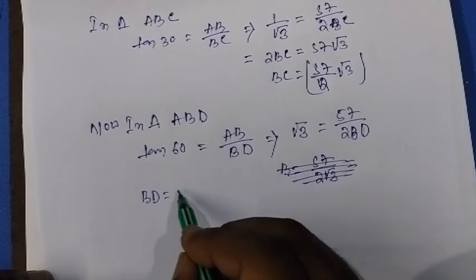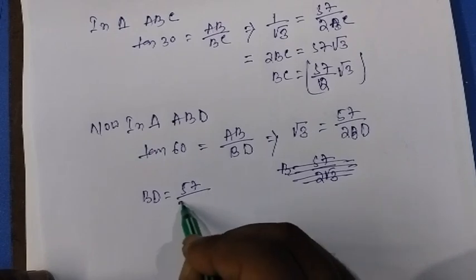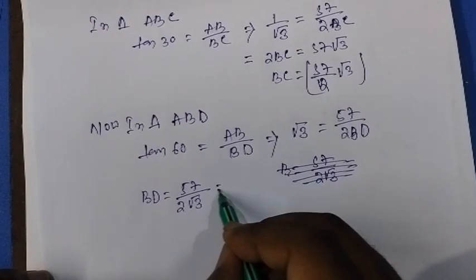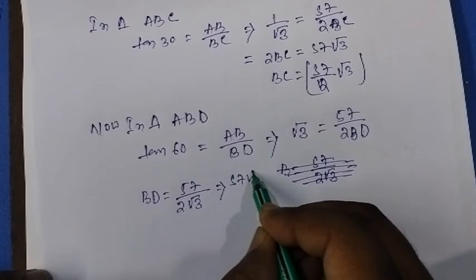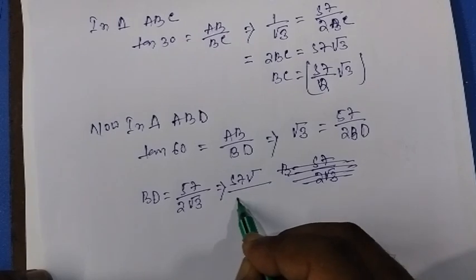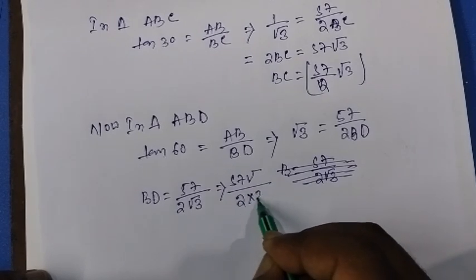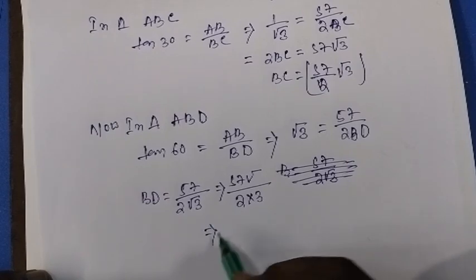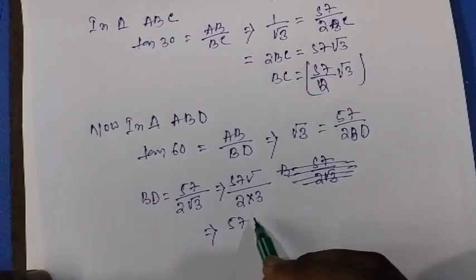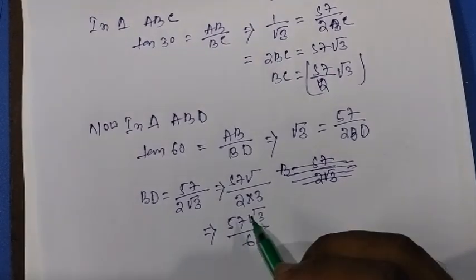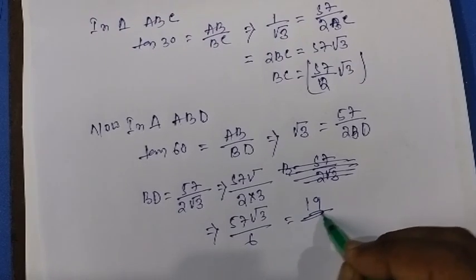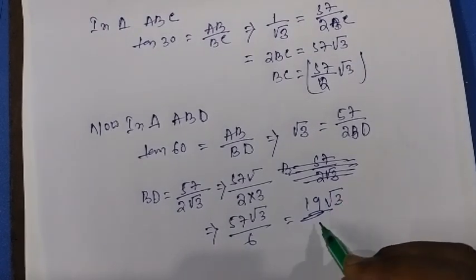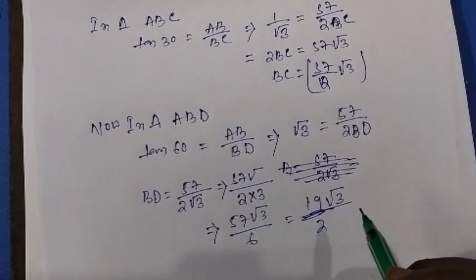BD is equal to 57 by 2 root 3, that is equal to 57 into root 3 divided by 2 into 3, that implies 57 root 3 divided by 6, that is equal to 19 root 3 by 2.